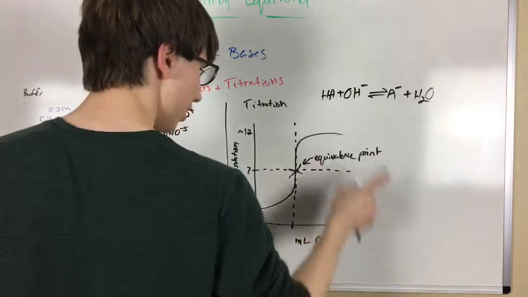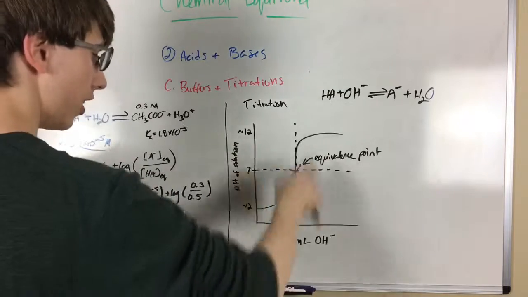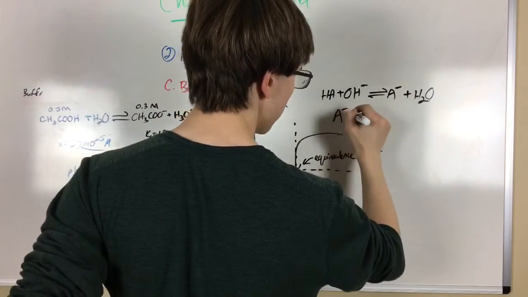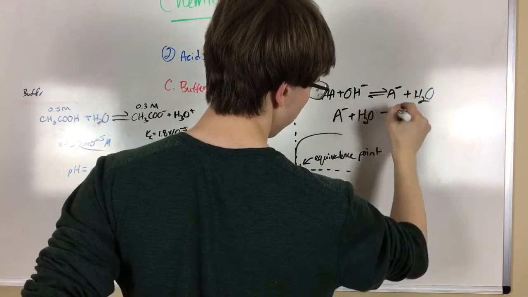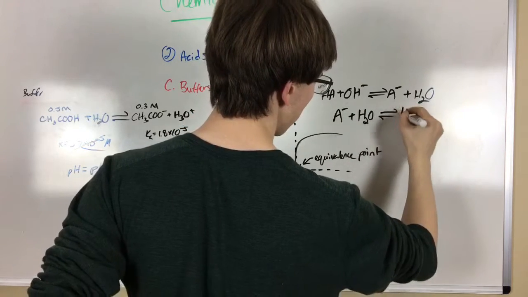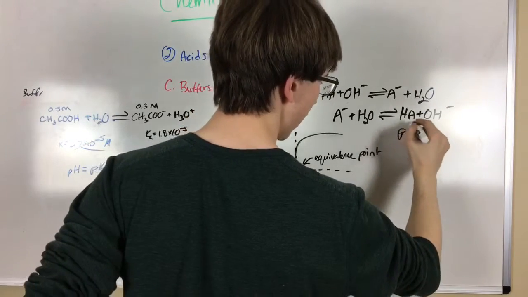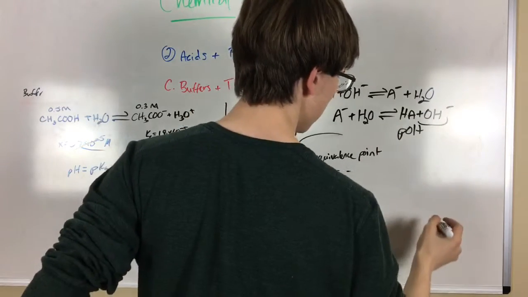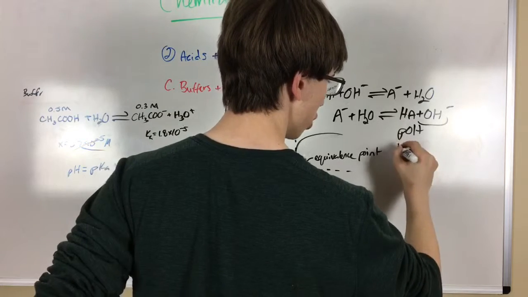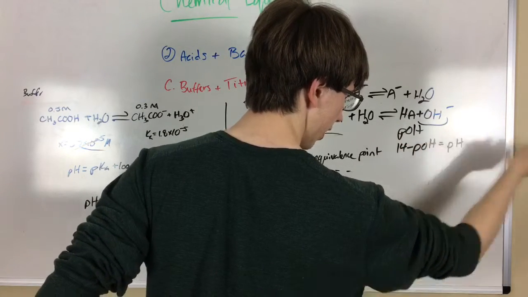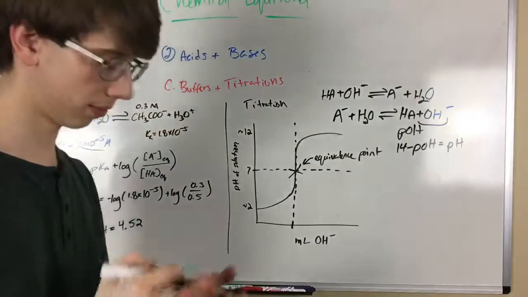And so to calculate what pH the equivalence point will take place at, we just use the reverse reaction. A minus plus water yields the acid plus OH minus. And this will give you the pOH, because of the OH minus, and then you can just use the pOH to find the pH. And then that's it.